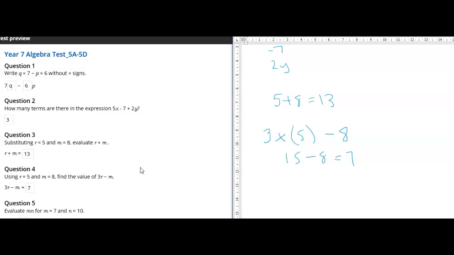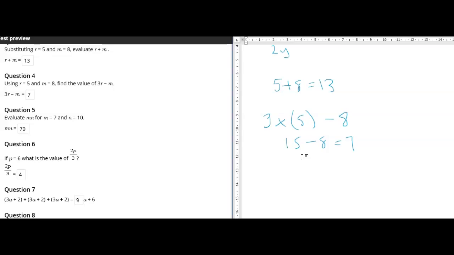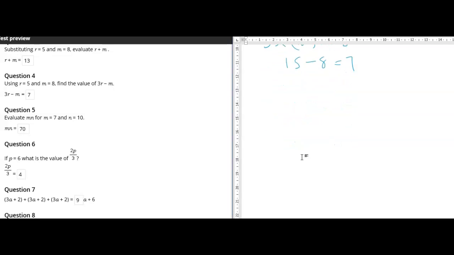Okay, question 5, evaluate mn for m equals 7 and n equals 10. So mn is the same as m times n. So mn is equal to m times n. So we're just multiplying them together. So 7 times 10 is equal to 70.